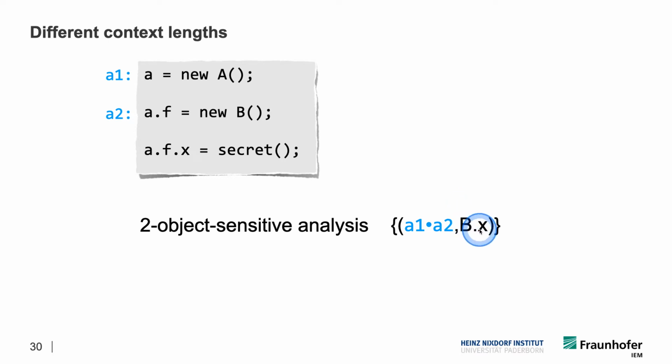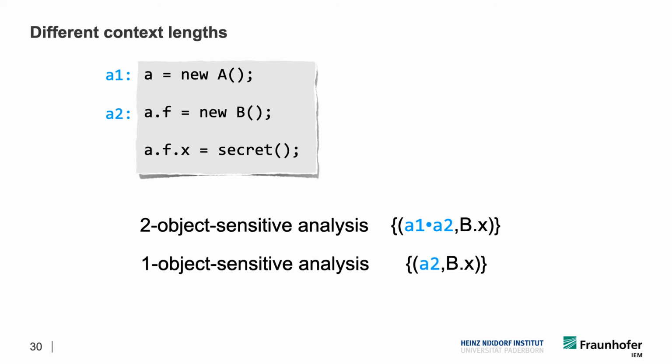It would tell you, okay, I've tainted a field x of an object of type B. That's what's happening here. And this object of type B was created at A2, but it's contained within an object that was created at A1. Okay, so that's what you would see here. And so it's telling you concrete objects associated with the two different elements of the access path that is being tainted here, you could say. Okay.